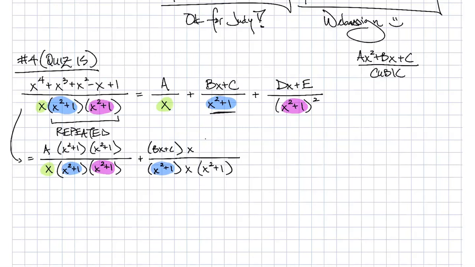So green x and purple x squared plus 1. Okay. Now my second fraction matches the denominator of the first fraction, which matches the denominator on the left-hand side, or our original problem.